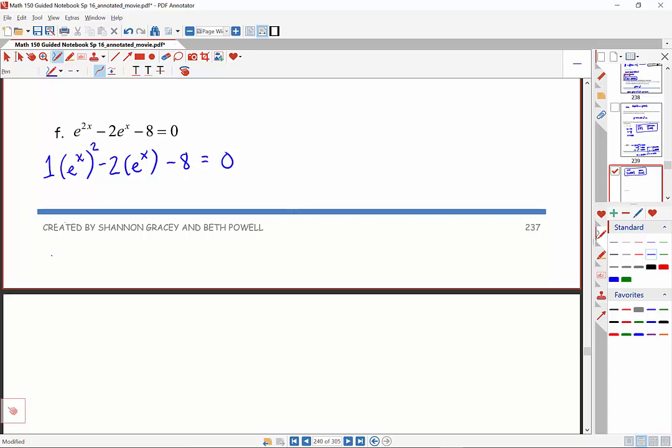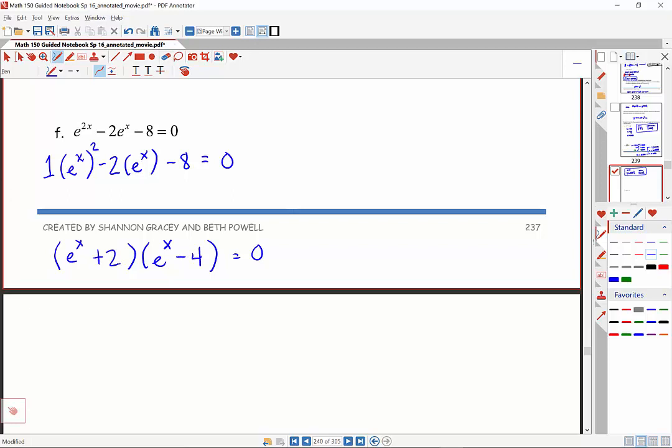So you would end up with e to the x and e to the x, and then let's see, we're going to have 2 and 4. The 4 will be negative, the 2 will be positive.